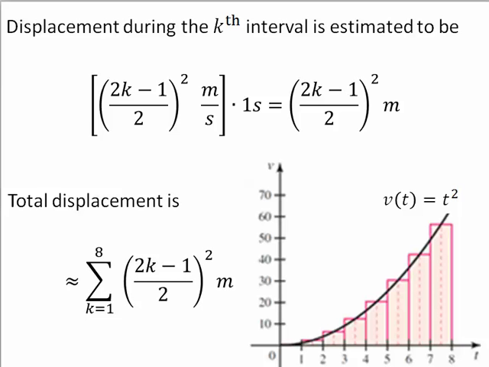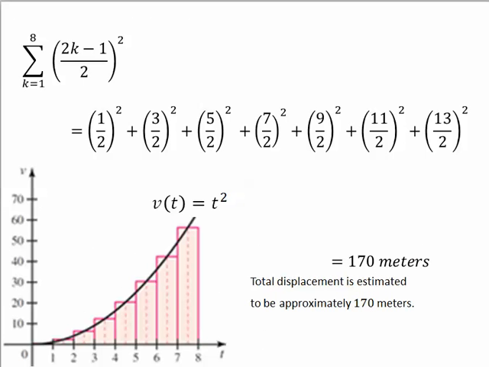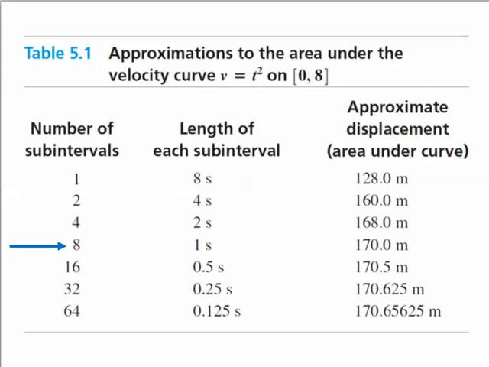Total displacement would be adding up each one of these 8 rectangles, and total displacement is estimated to be approximately 170 meters. Using 8 rectangles, we get 170 meters for the displacement.